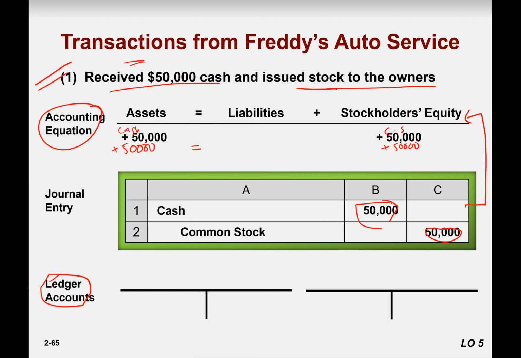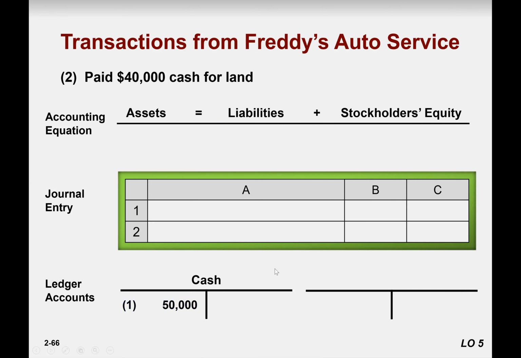How about the ledger? If you see the ledger, cash is to be debited, and common stock is to be credited. So you see, the accounting equation is balanced. Okay, now the second transaction.